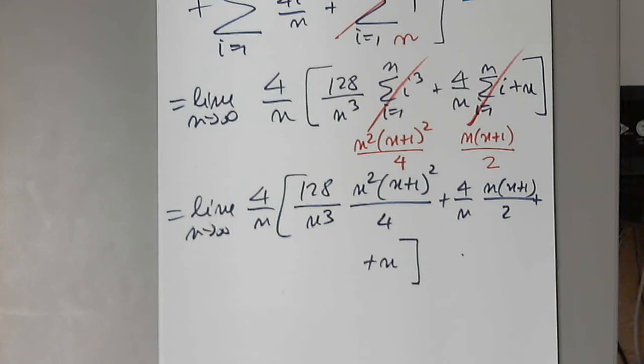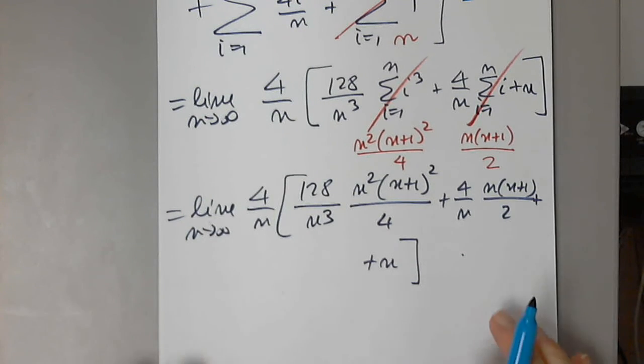I will definitely simplify this 4 with this 128. I will definitely simplify 2 of these with 2 of these. I will simplify the 2 with the 4. I will not simplify the n because I still have an n here. So I need n in the denominator. And then we'll see what happens next.